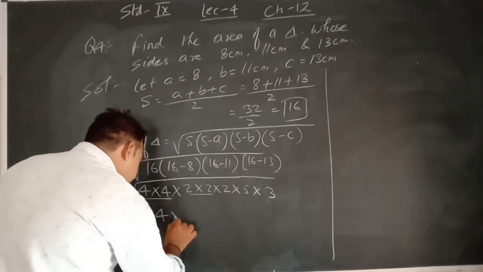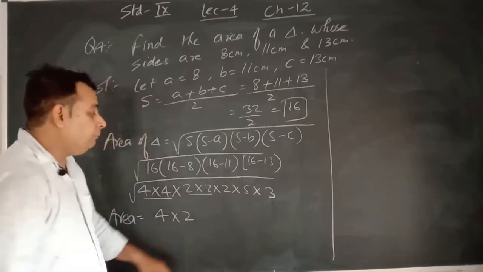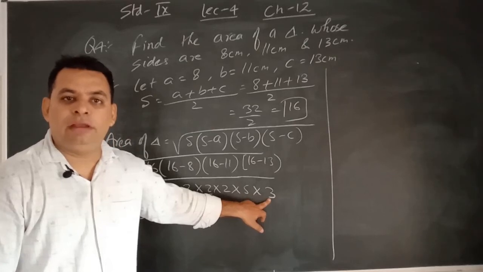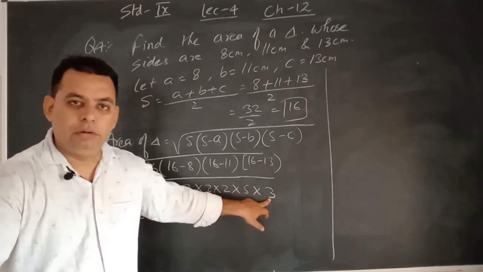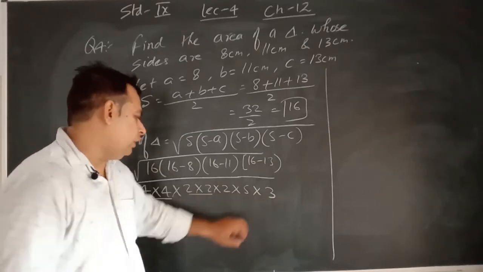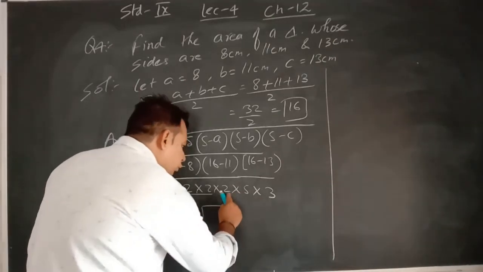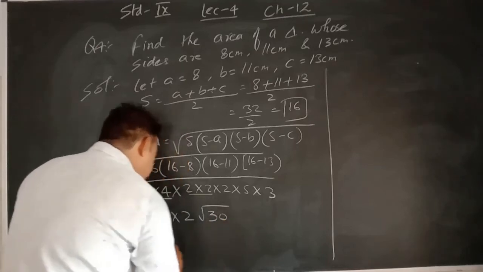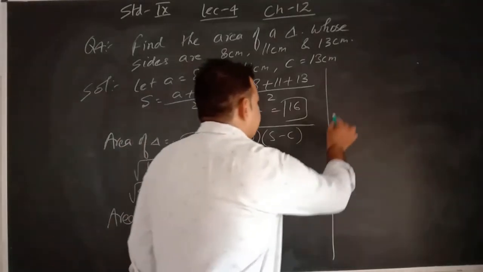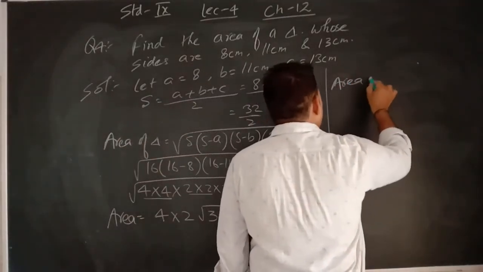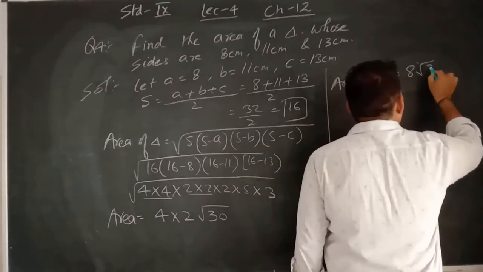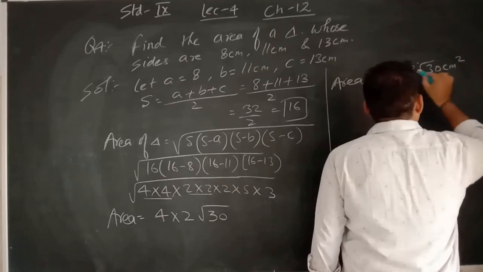This 2 is forming a pair, so 2 came out. But 2, 5 and 3 are unpaired. They don't have any more numbers with the same number. They are alone, 2, 5 and 3. It will be inside. 2 5s are 10, 10 into 3, 30. So it will be 8. So area of triangle will be 8 root 30 centimeter square.